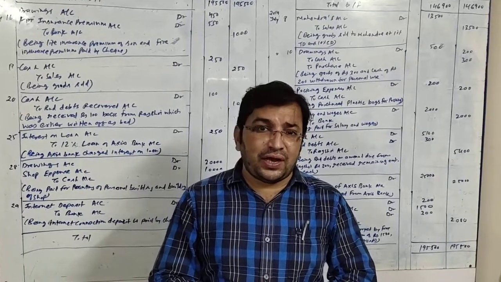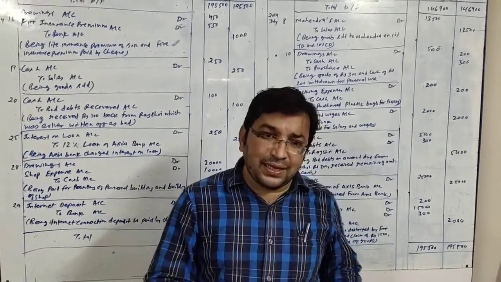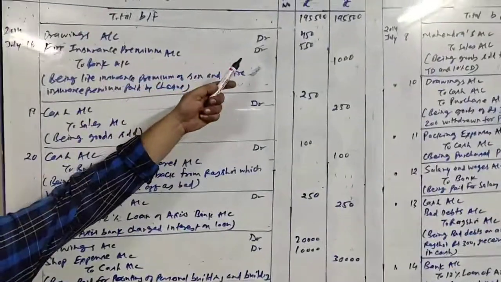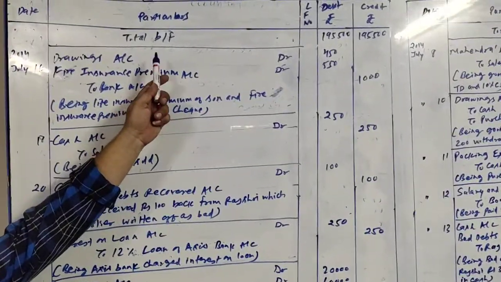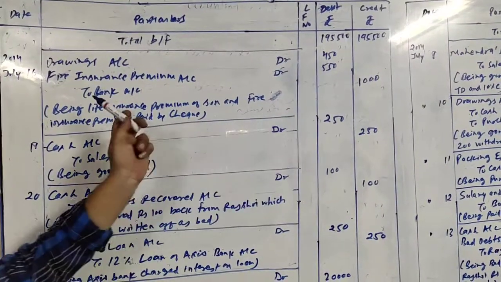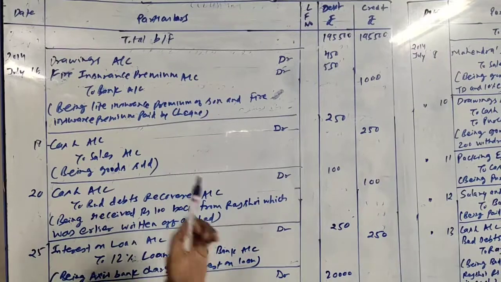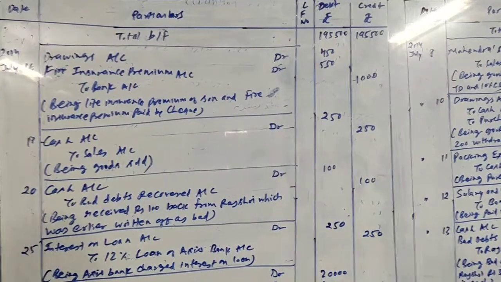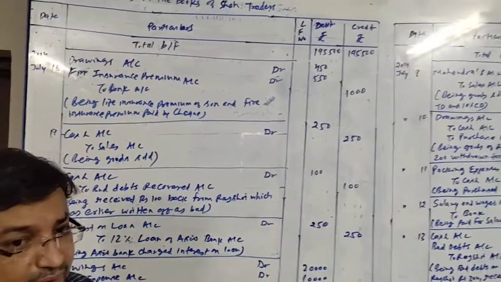So both will be recorded accordingly, and bank balance decreases. So the entry will be drawings account debit rupees 450 because son's life premium is paid. Fire insurance premium account debit 550 to bank account 1,000. Being life insurance premium of son and fire insurance premium paid by check.